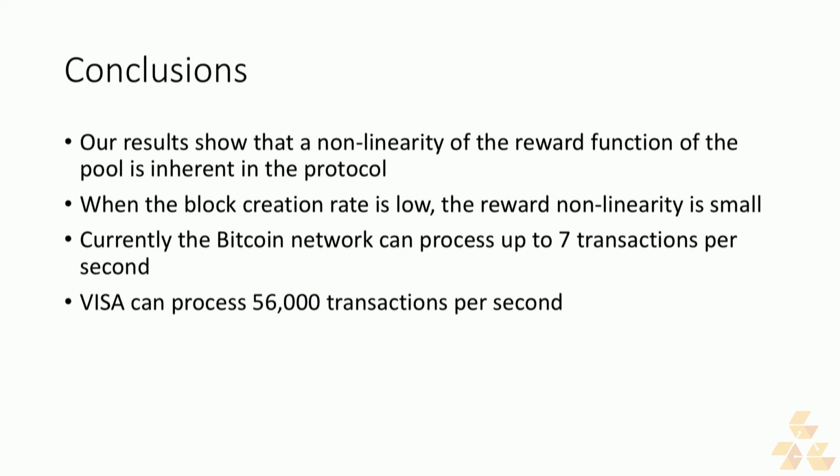Right now in Bitcoin, we don't have a lot of conflict because a block is created just every 10 minutes. It takes a few seconds for a block to propagate, but we don't see a lot of orphaned blocks. On the other side, the Bitcoin network can process about 7 or say 10 transactions per second because of its speed. If we compare it to Visa, according to the company's claim, Visa can process about 56,000 transactions per second.